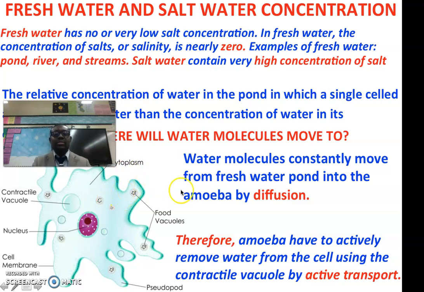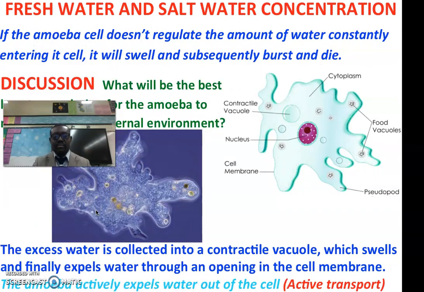So that means the concentration of water inside the pond is higher than the concentration of water inside the amoeba cell. So this means the amoeba will gain water, and the water will enter the amoeba cell through diffusion. And the amoeba will expel the water through active transport, because it's moving the water from lower concentration to higher concentration using energy.